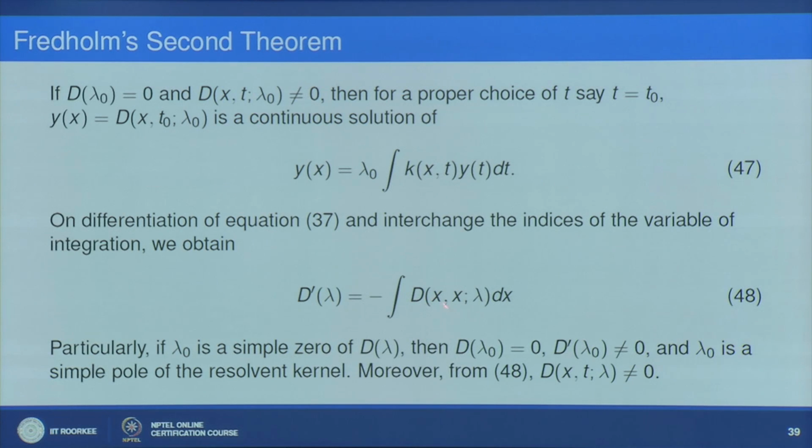So it means that this expression D x x lambda is not identically equal to 0. So we can say that when lambda naught is a simple 0 of D lambda, then this y of x equal to D x, t naught, lambda naught is a solution of the homogeneous Fredholm integral equation y of x equal to lambda naught integral K x t y t dt.